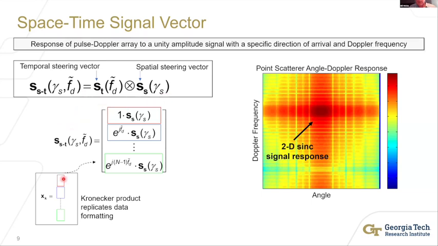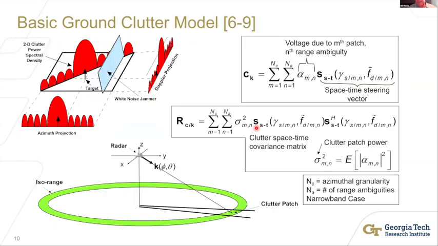The two-dimensional Fourier transform of the space-time signal vector gives us a two-dimensional sinc response, like I'm showing here. So again, if, for example, this was a moving target, it would show up at a corresponding Doppler and angle. But clutter, as I'm going to show you on the next slide, looks like an ensemble of weighted space-time signal vectors.